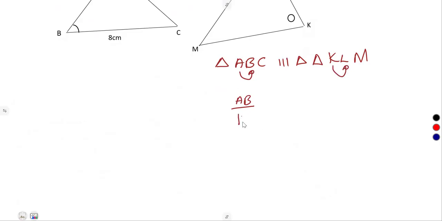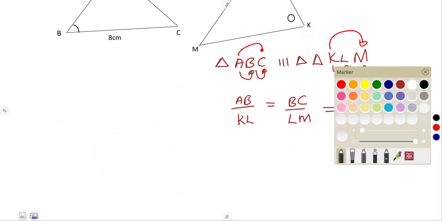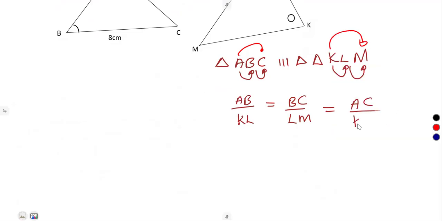KL. That's how we form it. Is equal to BC over what? LM. Which is equal to AC over the corresponding side KM, like that.